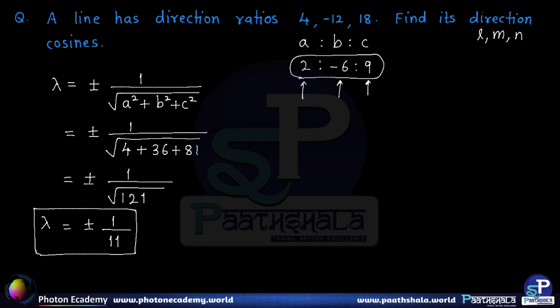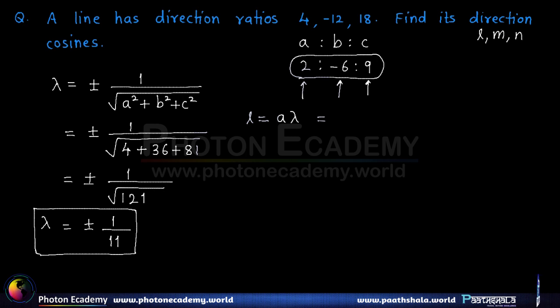So that's the lambda. Now we know that l is equal to a lambda. So therefore here, now a is 2, so we get plus or minus 2 upon 11. Then m is equal to b lambda.